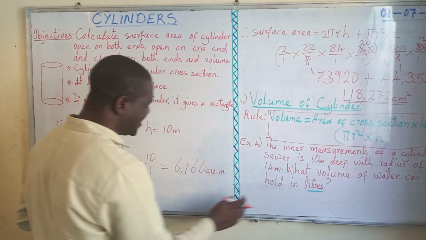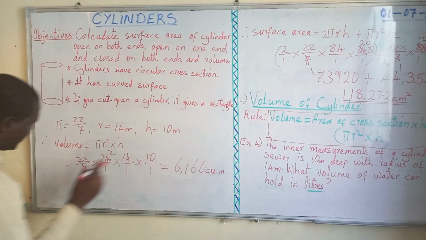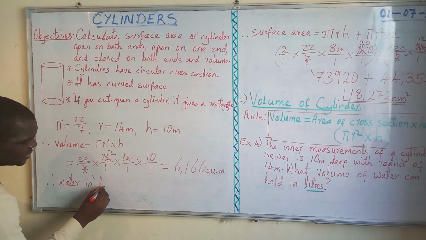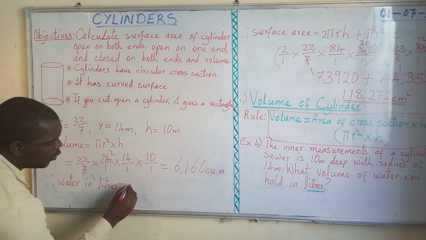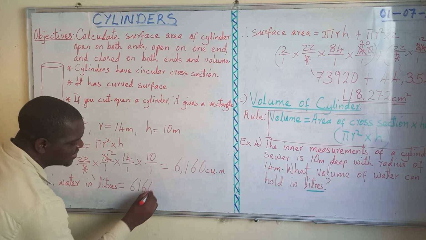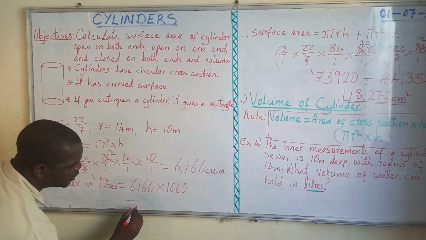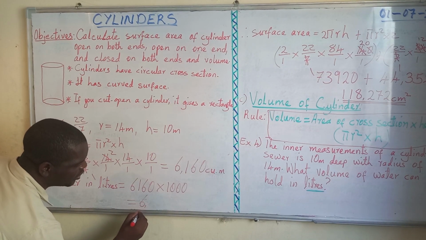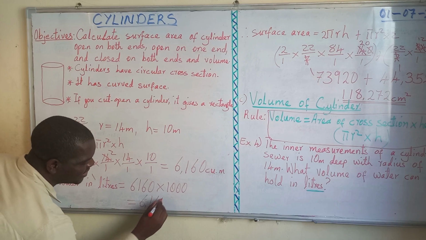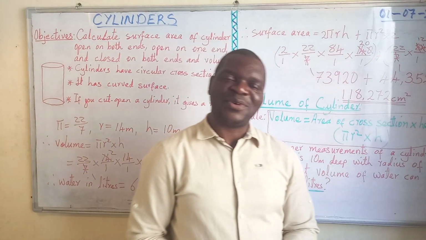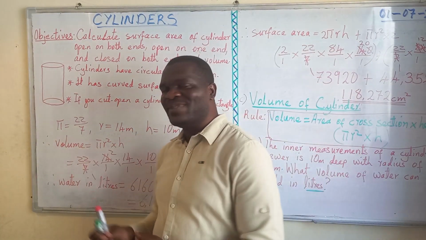So how many liters are there in this? Therefore, water in liters will be equal to 6,160 times 1,000. And this will give us a total of 6,160,000 liters of water.